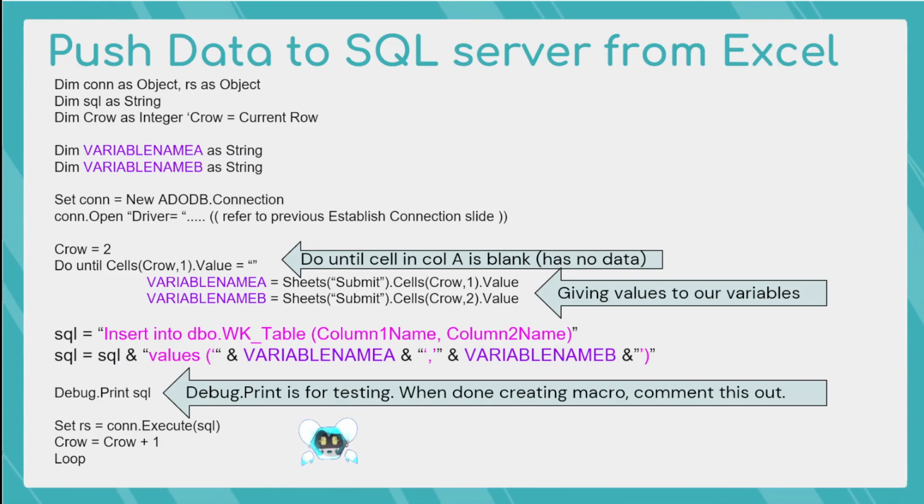So then in the immediate window, you can see what that query looks like. But after you're done writing your project, you can comment out this section because you won't need it anymore. And plus, you don't want that to continue to build every time the macros run.